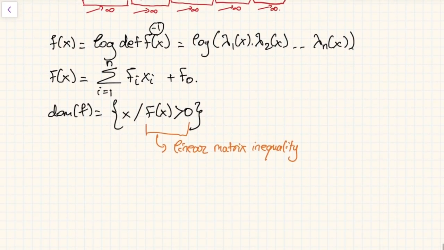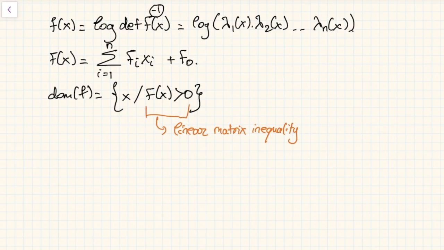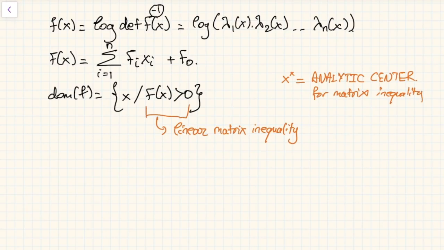So your solution of the optimization problem over here, x star, is called the analytic center, same as before, because we're dealing with inequalities, but this time for your matrix inequality. Also, there's a nice illustration for that, but I'm not going to be presenting it over here.